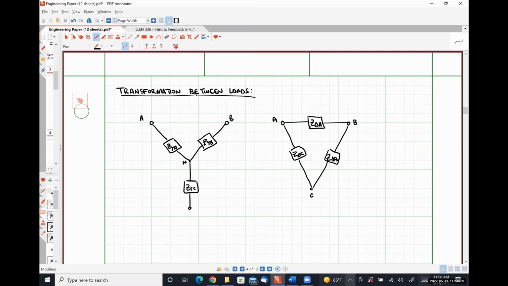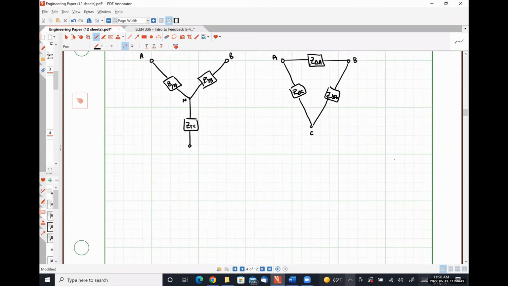So, for example, the impedance ZAB seen between terminals A and B of our Y connected load is what? Exactly right. ZYA plus ZYB. This isn't a trick question or anything like that.